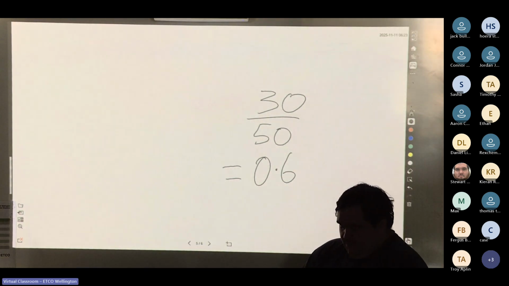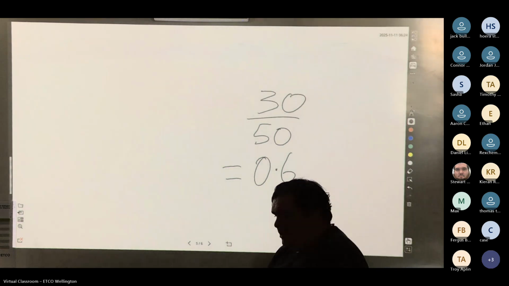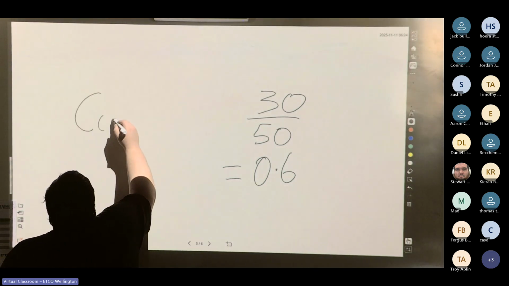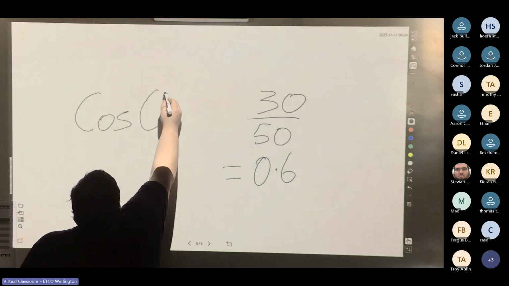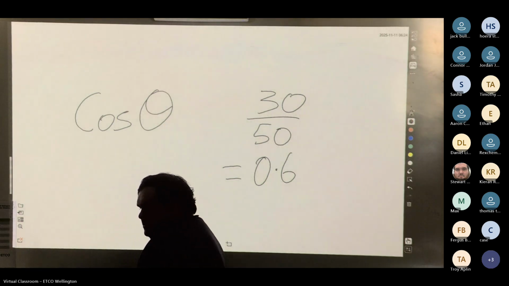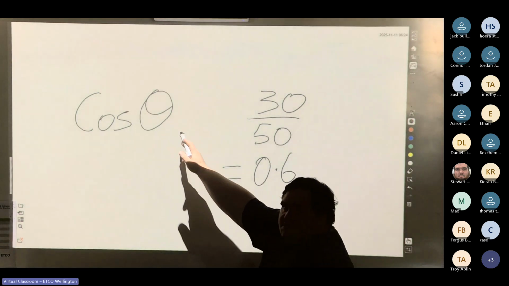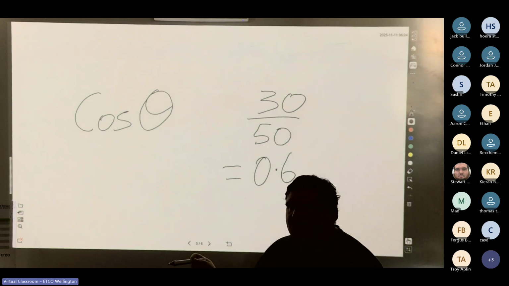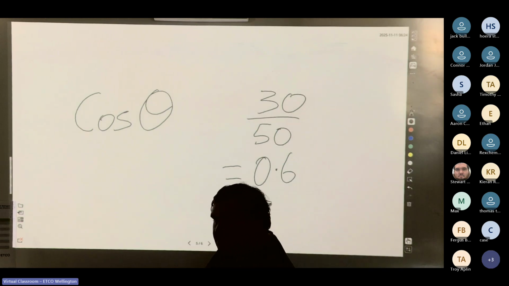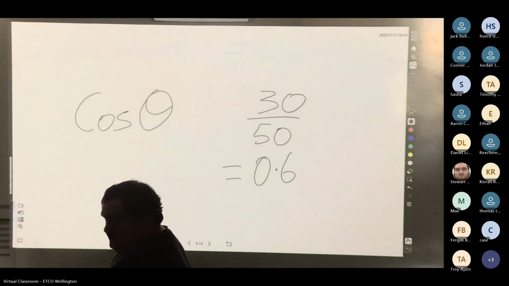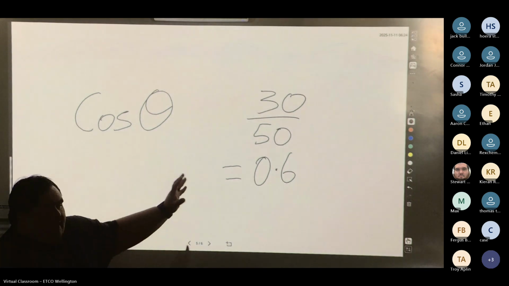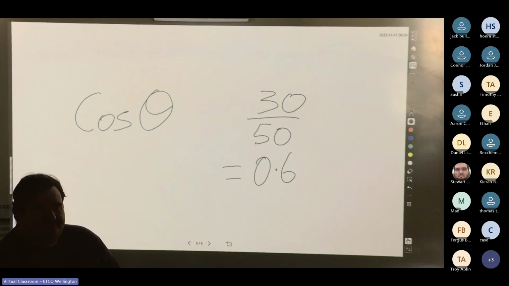Cool. So earlier, we looked at the formula and it had cosine of the angle. So this is equal to 0.6. But we need to find the phase angle. Does anyone remember back to our Pythagoras theorem days how we are going to figure this out?